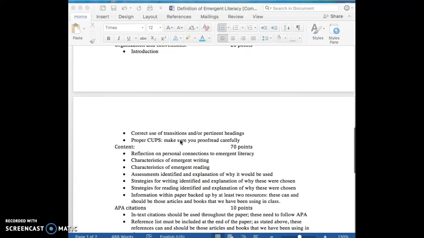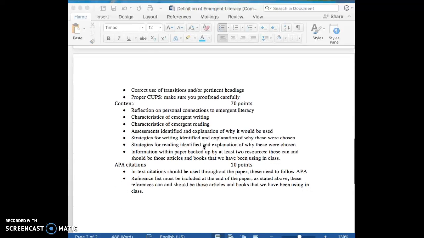And then finally I'm going to be looking at conventions, so capitalization, usage, so grammar, punctuation, and spelling will all be important, and I want you to make sure that you proofread the paper carefully.